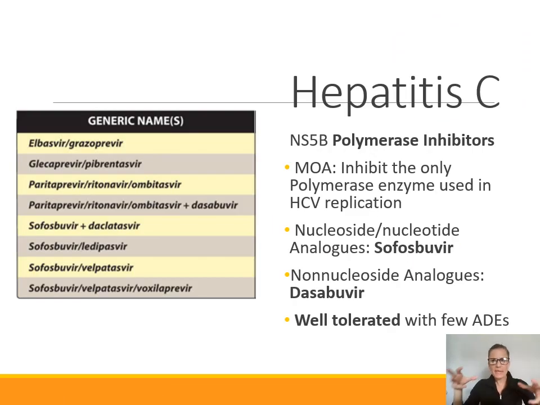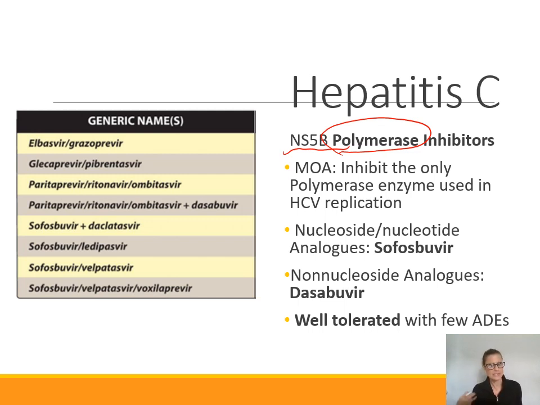So when that big polyprotein gets spliced or broken up into smaller active proteins, one of the individual proteins that gets liberated is this NS5B polymerase. And this is the only polymerase that Hep C uses for viral replication. So it's super important.